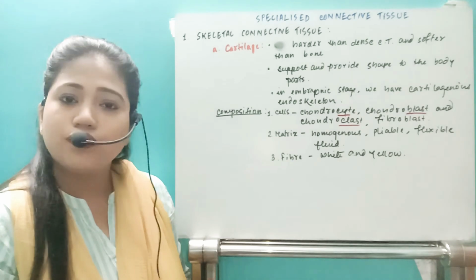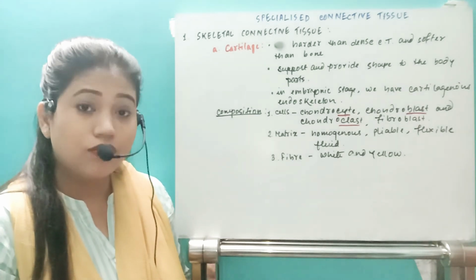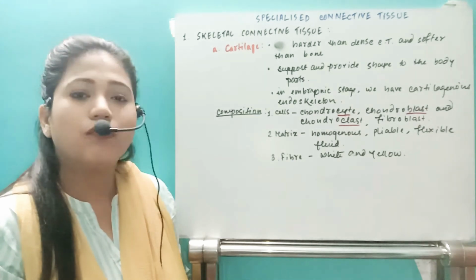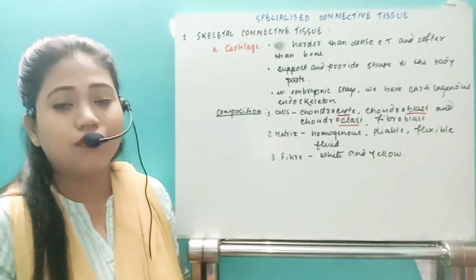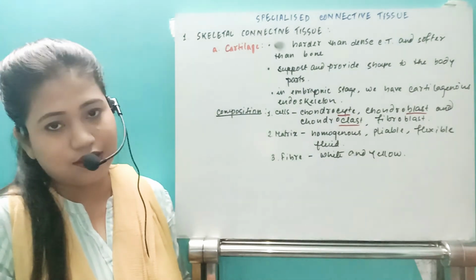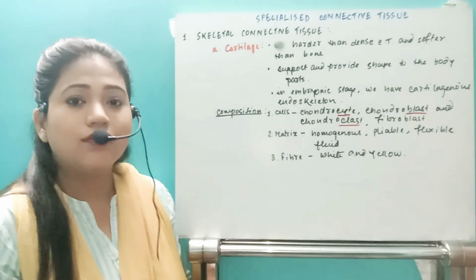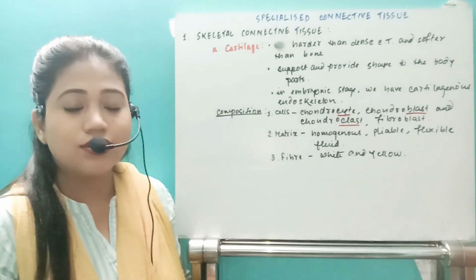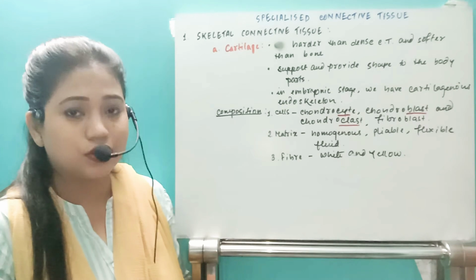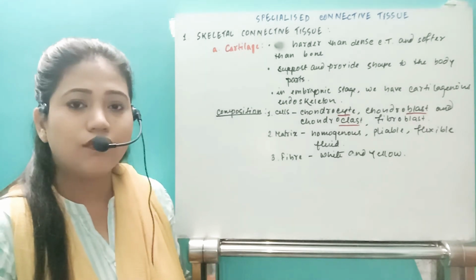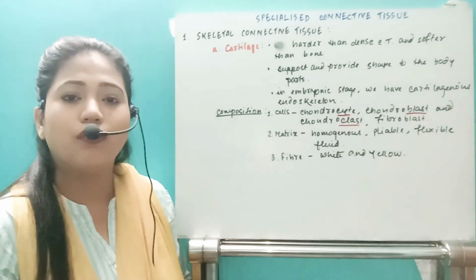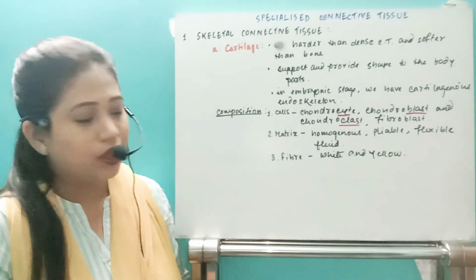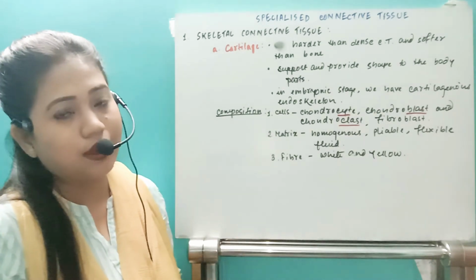So one thing we also know is that the white fiber gives protection, and the yellow fiber gives us elasticity, right? The white fiber is present in bundles, and the yellow fiber is present singly, individually, and the edges will bifurcate, so it looks like a Y-shaped structure.